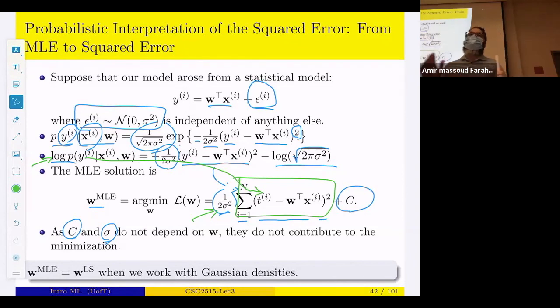I guess in some notes or notebooks they probably use the same y's, but I just wanted to differentiate between a generic model, the probability over y, versus particular instances of outputs, targets, that we denote with t here. Yes, so in the chat, it's least squares, you answered that. So this is the loss function that we defined.